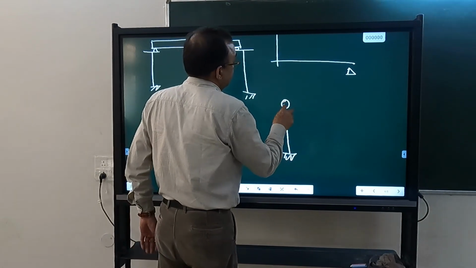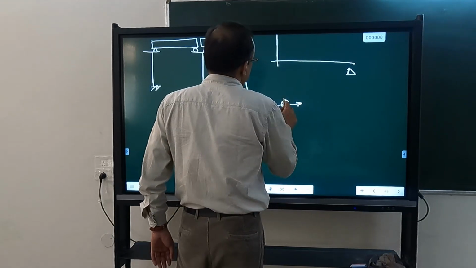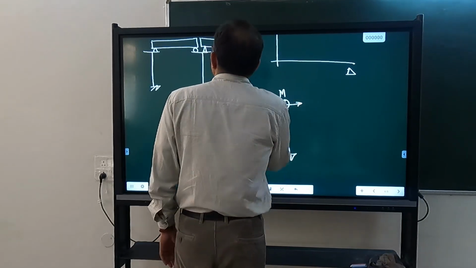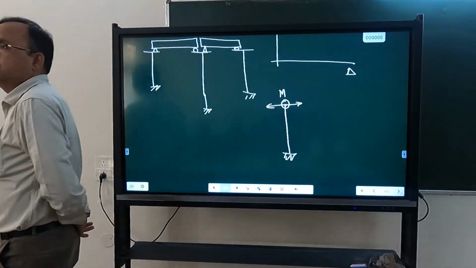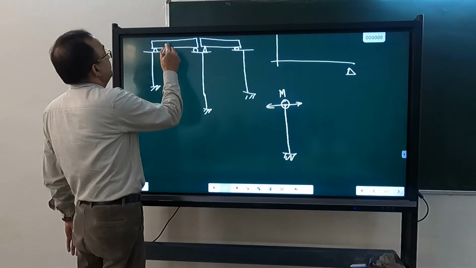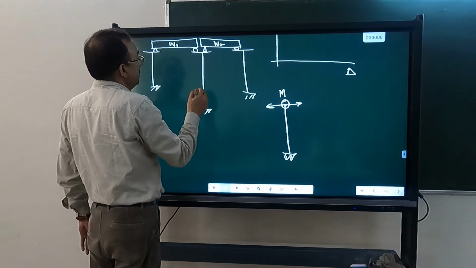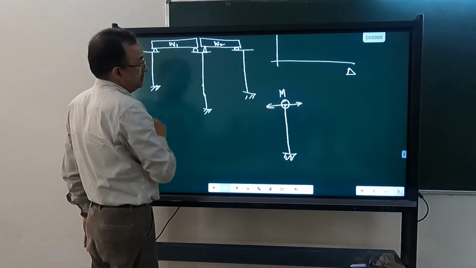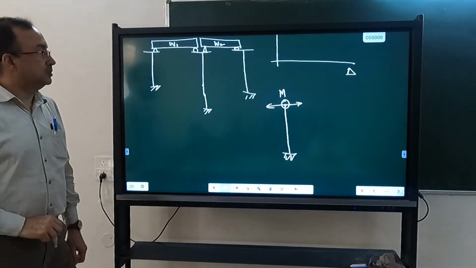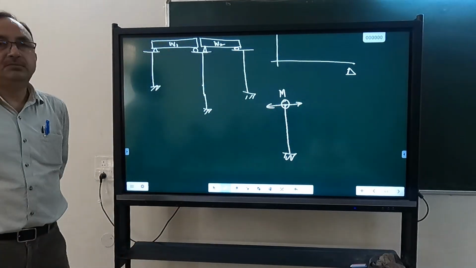You will have the mass. How much is this mass which we will get? In the longitudinal direction, let us say this is W1, this is W2, and I am considering this pair. So in the longitudinal direction, how much will be the mass?